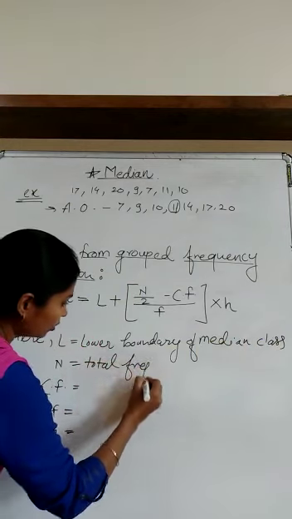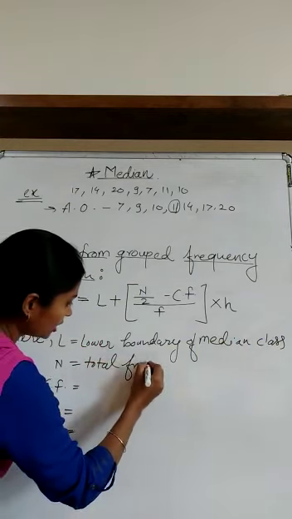CF is the cumulative frequency of the class preceding the median class. Means we are going to take the cumulative frequency of the class preceding the median class.